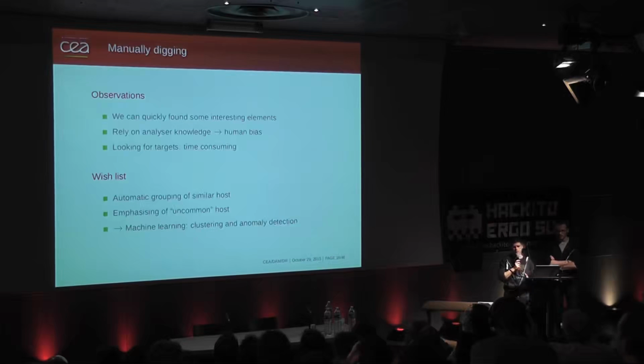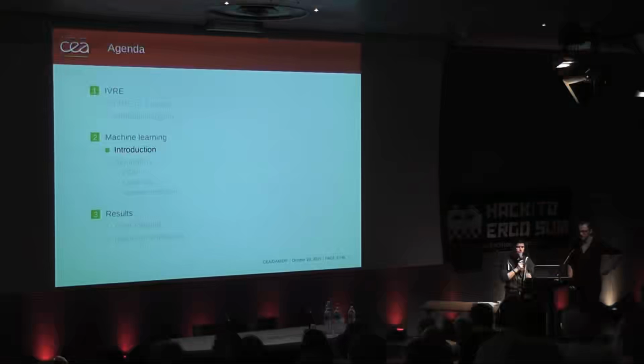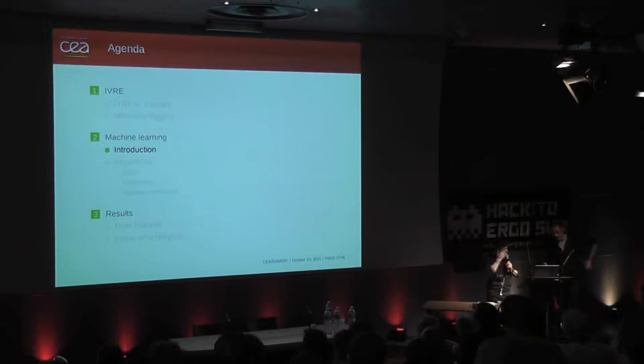So a first part can be to automatically group similar hosts, so we just have to look at one of each group. A second wish can be a way to highlight uncommon hosts, that is, hosts that are very different from each other. And machine learning, via clustering and anomaly detection, can answer that. So that's why Xavier.